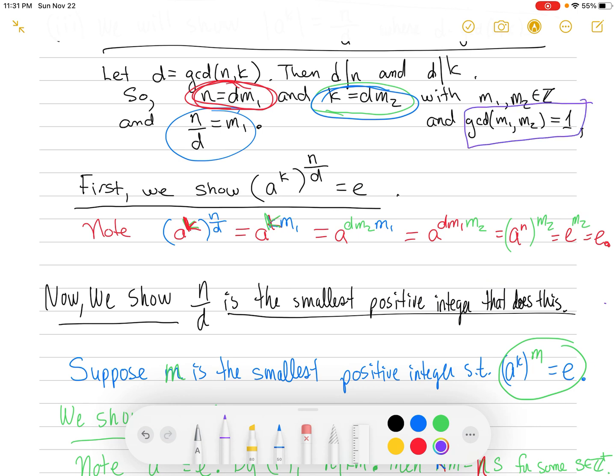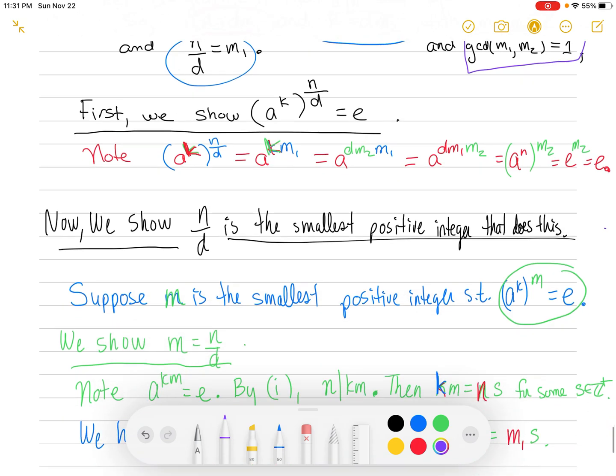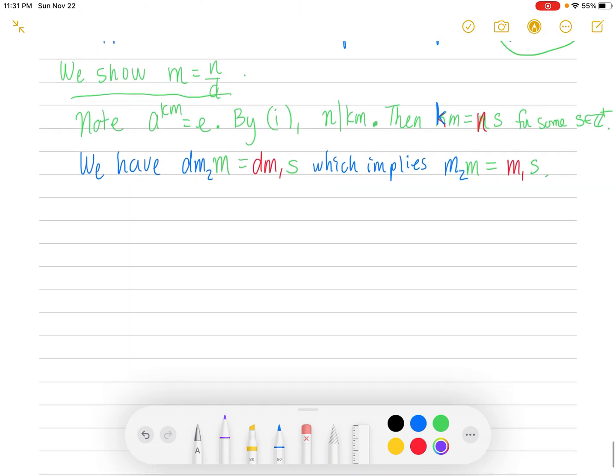The greatest common divisor of m1 and m2 was 1. They were relatively prime. Remember we said they have nothing in common, because the d's, the greatest common divisors, divided out. So that's very important. That's going to come into play in just a moment.